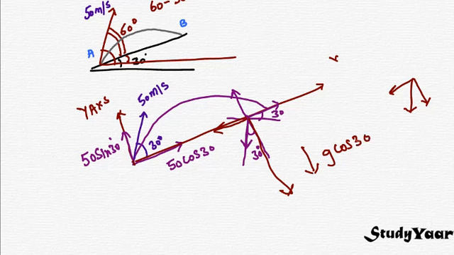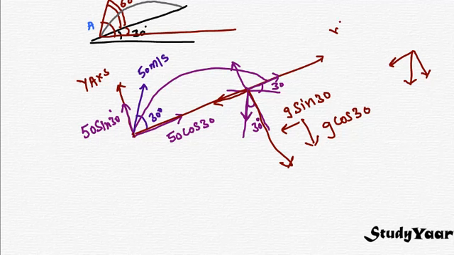A component in this direction, which is your negative x direction, is g sin 30. So now we know that acceleration in x direction is minus g sin 30 and acceleration in y direction is minus g cos 30.